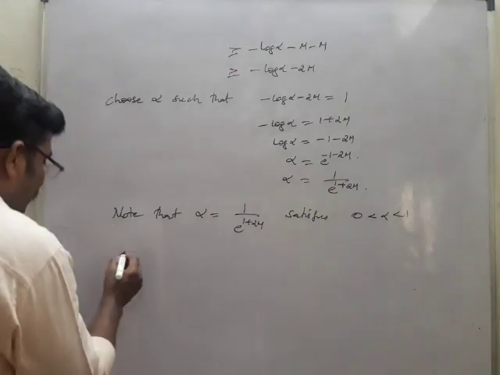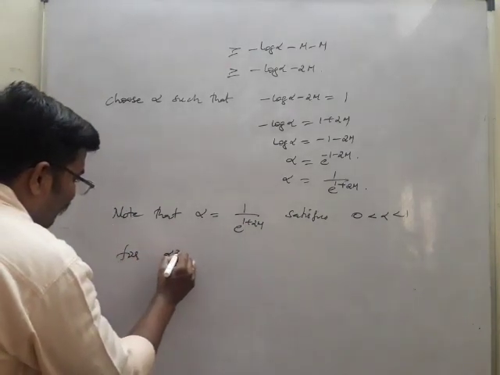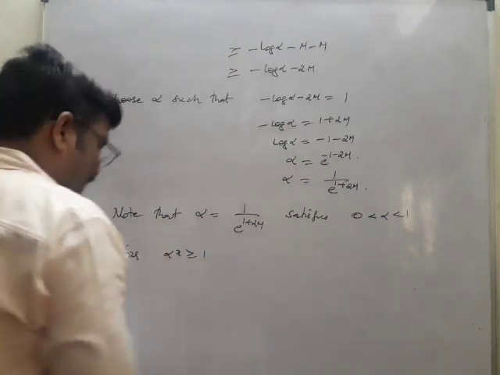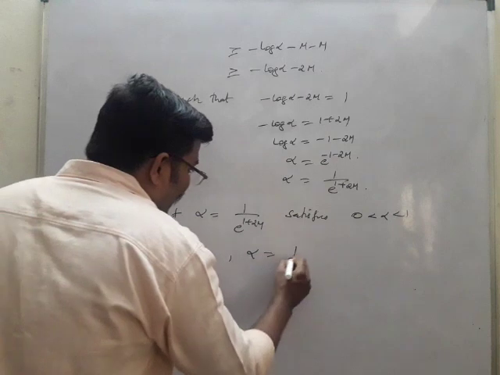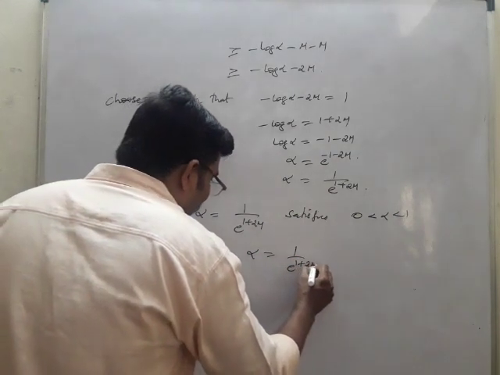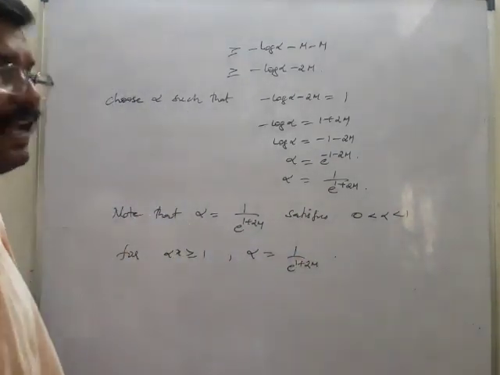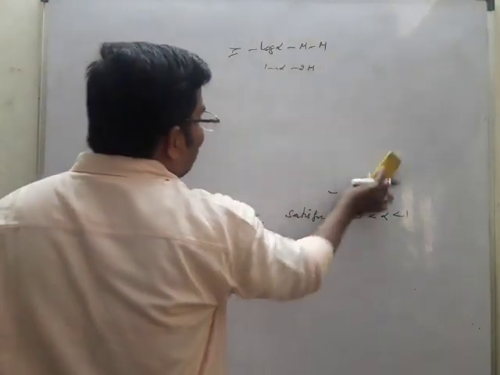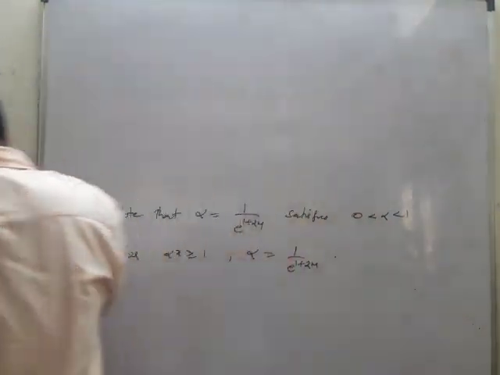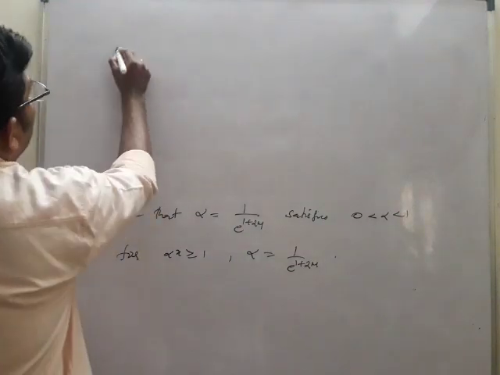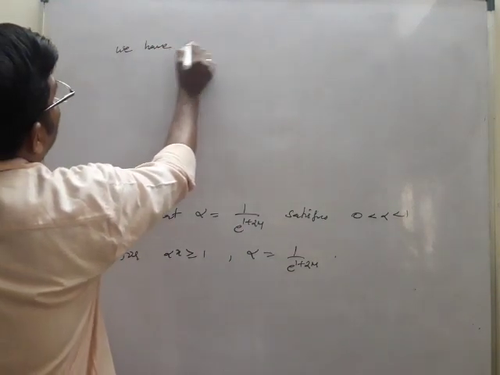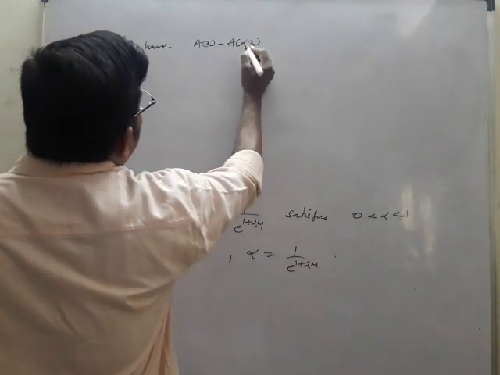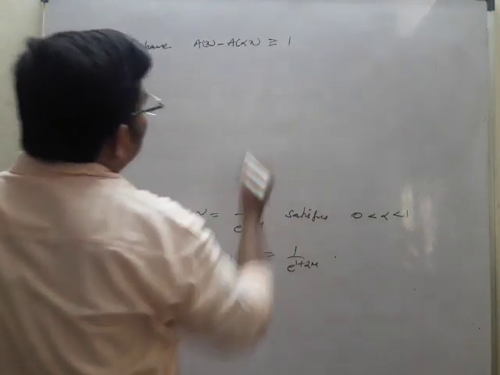So therefore, for alpha x greater than or equal to 1, and alpha equal to 1 by e power 1 plus 2m, now we will try to find out whether a of x minus a of alpha x is greater than or equal to 1.